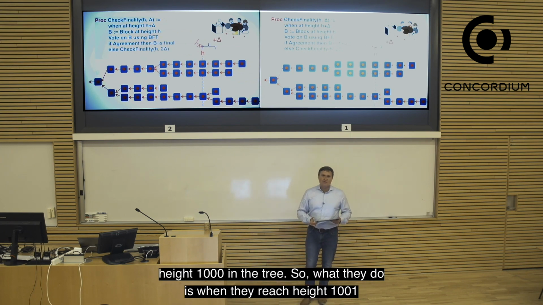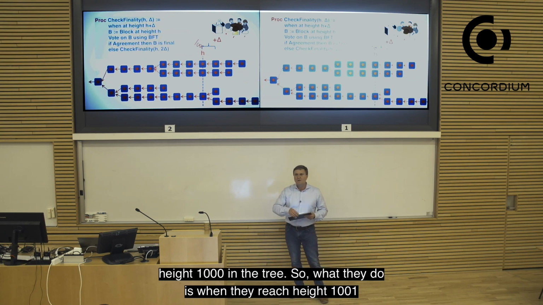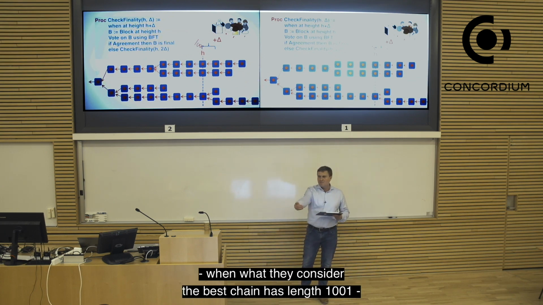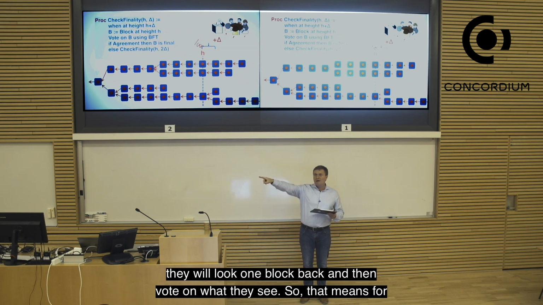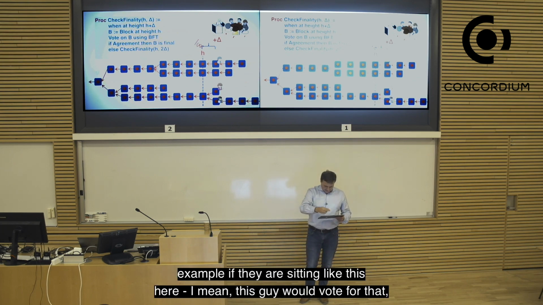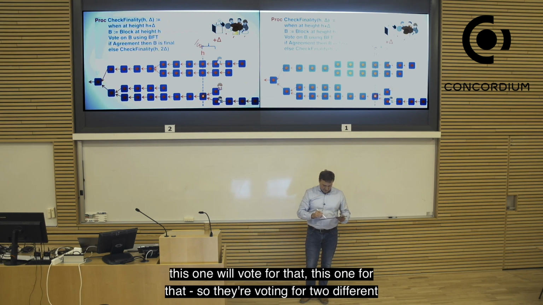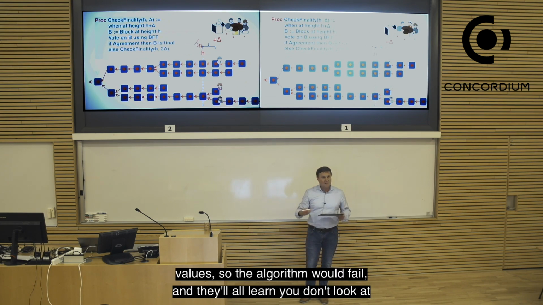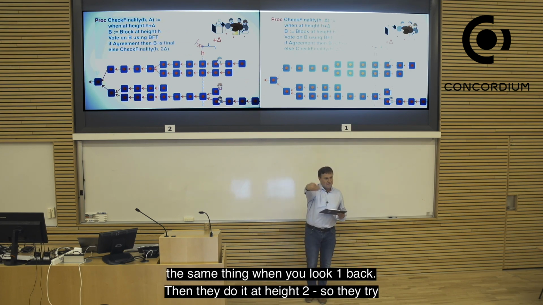So when they reach height 1,001, when what they consider the best chain has length 1,001, they will look 1 block back and then vote on what they see. So for example, if they are sitting like this here, this guy would vote for that, this one will vote for that, this one for that. So they're voting for 2 different values, so the algorithm would fail, and they'll all learn you don't look at the same thing when you look one back.